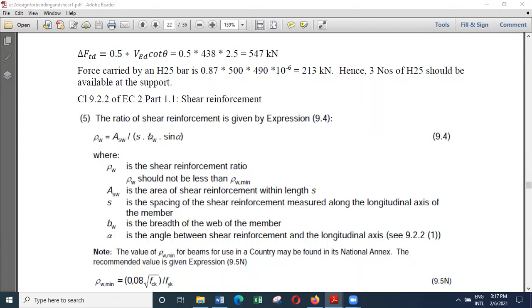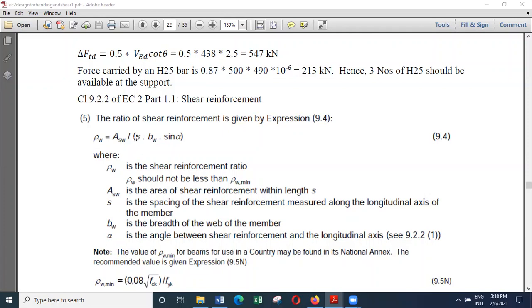So you can say this part is equal to this part, and from that, you can find the equation for ASW over S. ASW over S will be equal to BW times sine alpha, where alpha is 90 degrees for vertical links. Because we generally provide vertical links, alpha is 90 degrees. But if you have any links inclined, then alpha will be that angle. So alpha is 90 degrees, so sine alpha is 1.